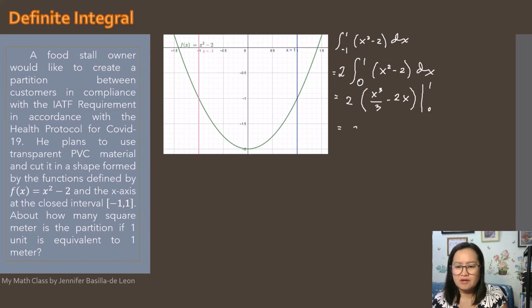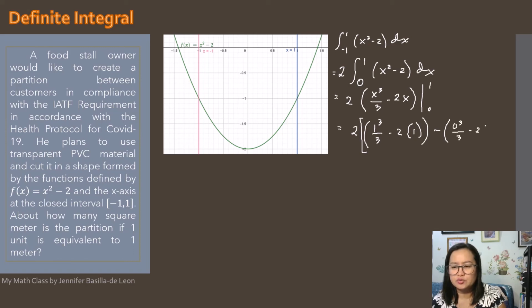Now we will have 1 cubed over 3 minus 2 times 1, minus the quantity 0 cubed over 3 minus 2 times 0.